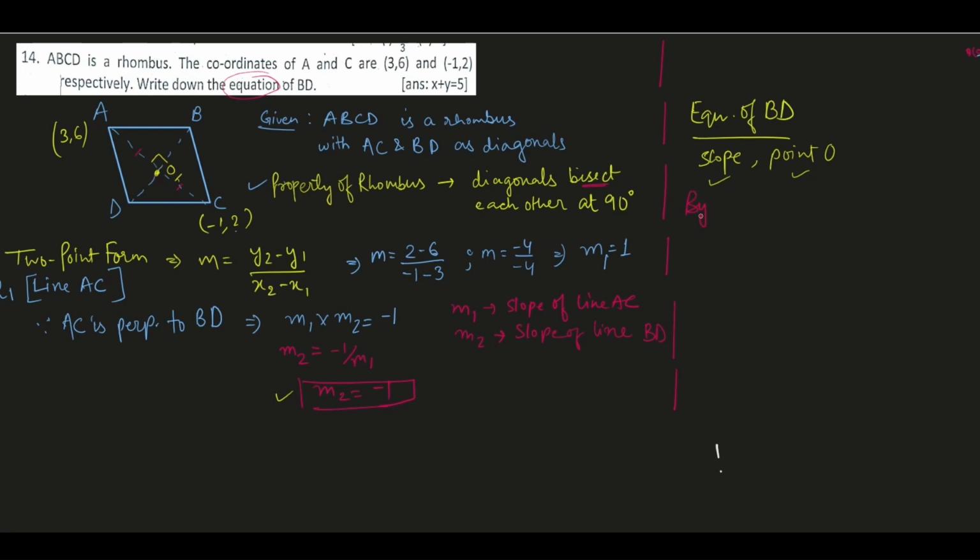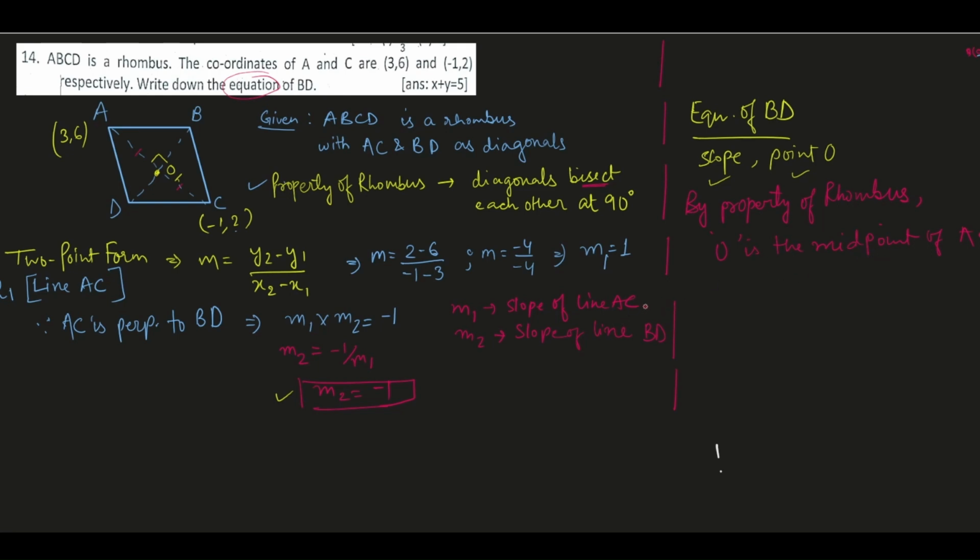By property of rhombus, O is the midpoint of AC. Or you can also say that O is the midpoint of BD.